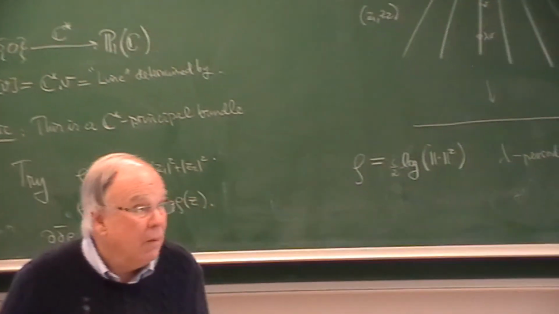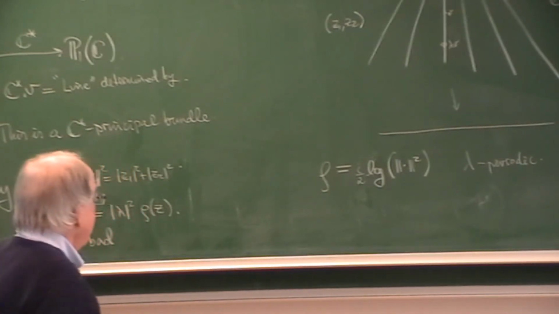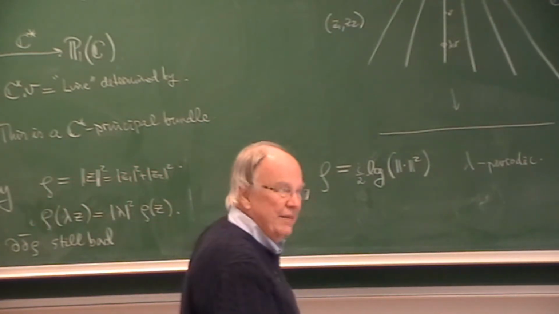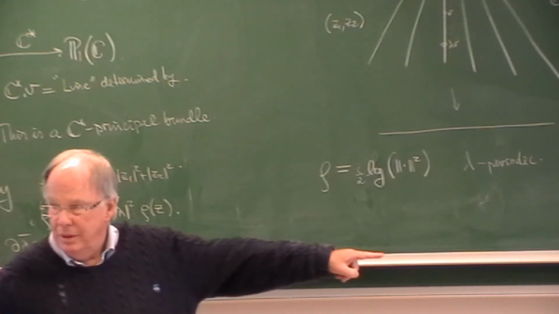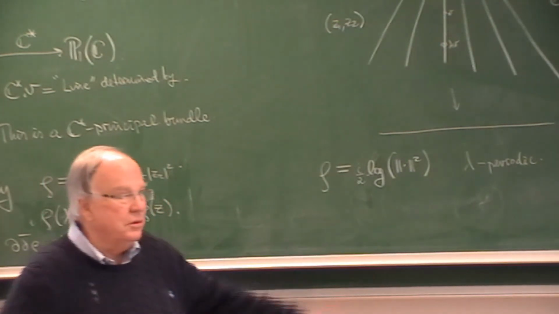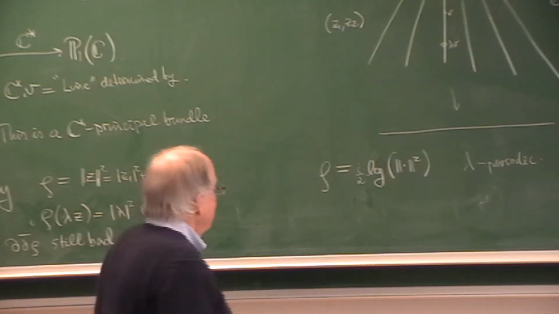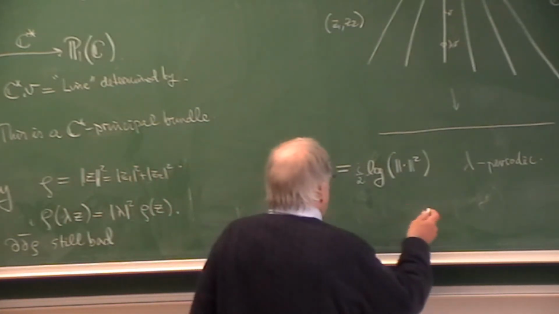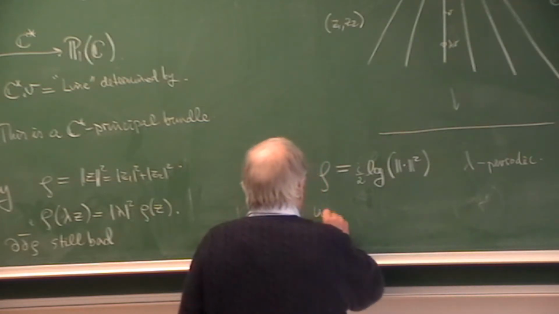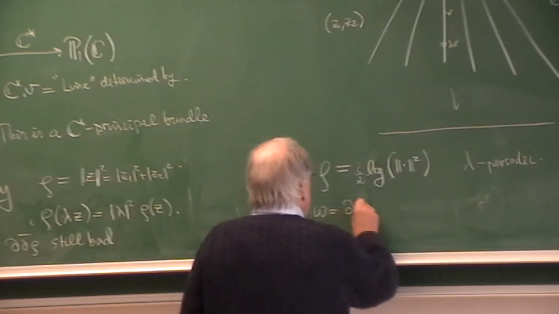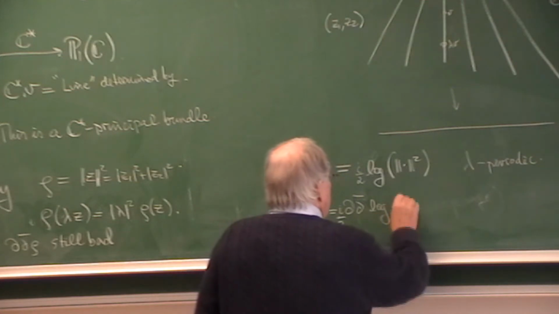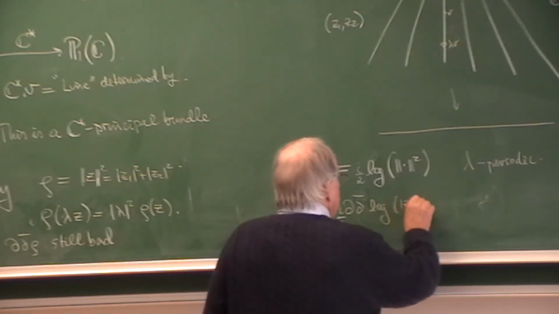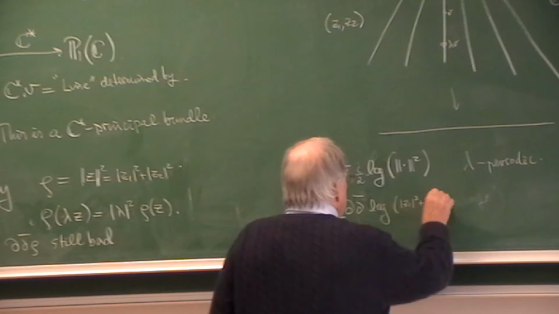Okay, now let's just have some fun. Let me compute this in the case of P1, which we all know is the sphere. So let's compute omega, I over 2 dd bar of log of z1 squared plus z2 squared.